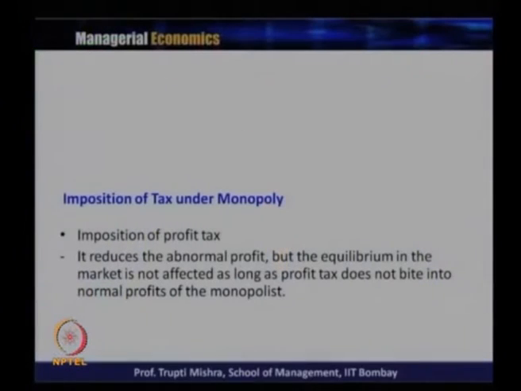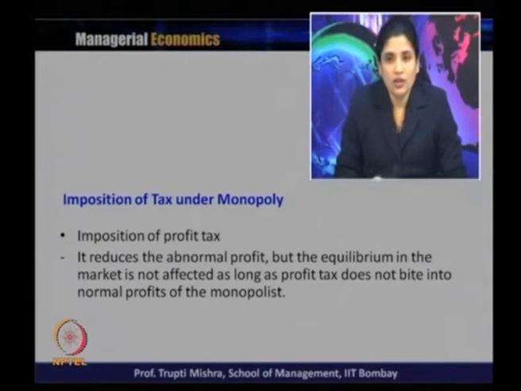Then we take the second category of tax, that is profit tax. Again, its nature is like a fixed cost, and it reduces the abnormal profit, but the equilibrium in the market is not affected as long as the profit tax does not bite into the normal profit of the monopolist.